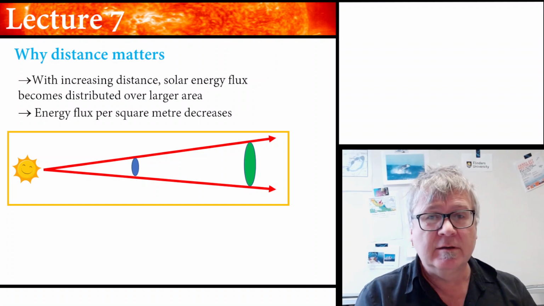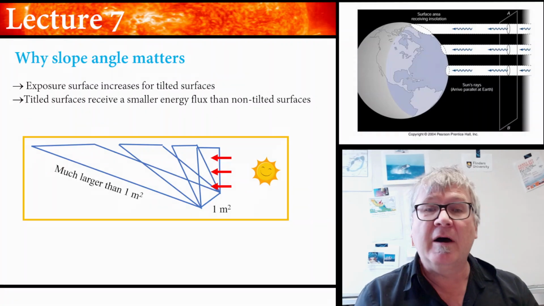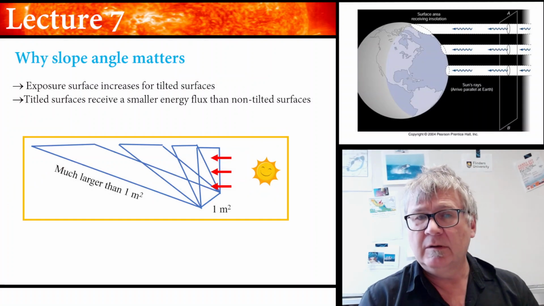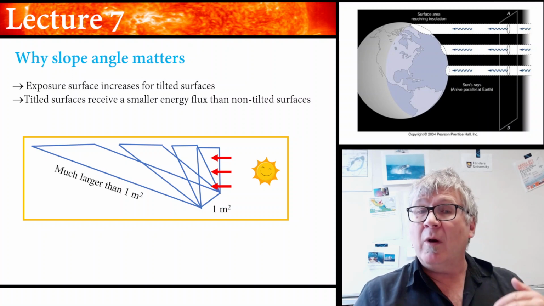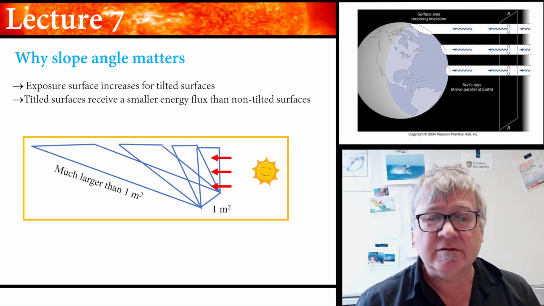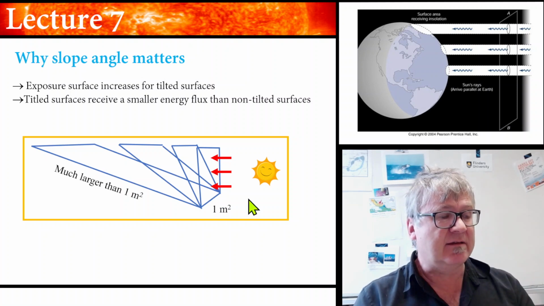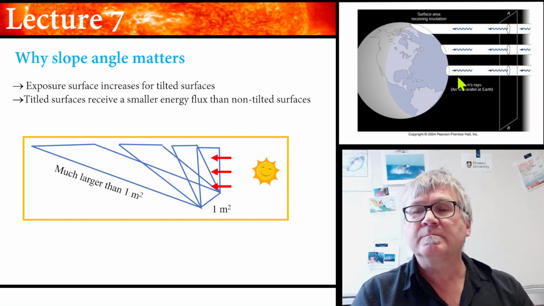The second one is about the slope angle. Why the slope angle matters. And what you see is a little sketch above my head. That's probably the first thing you look at.